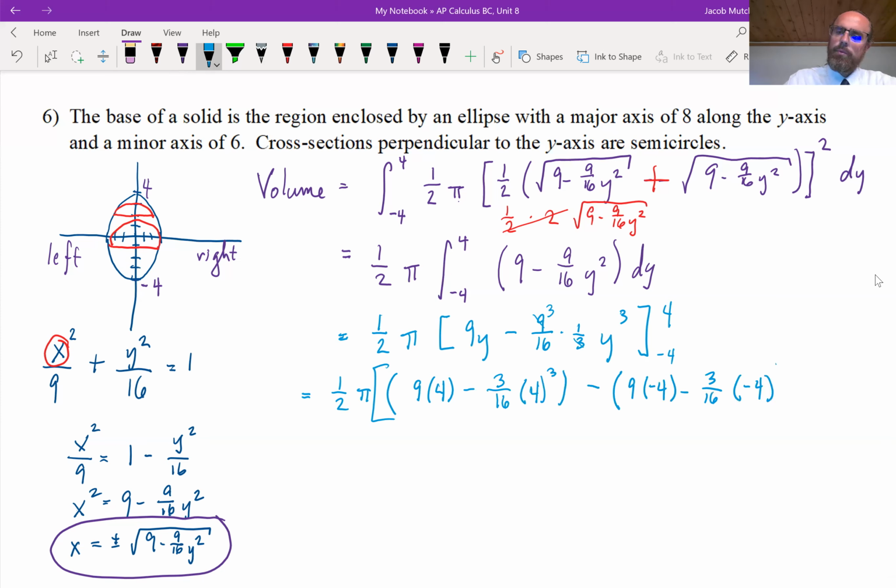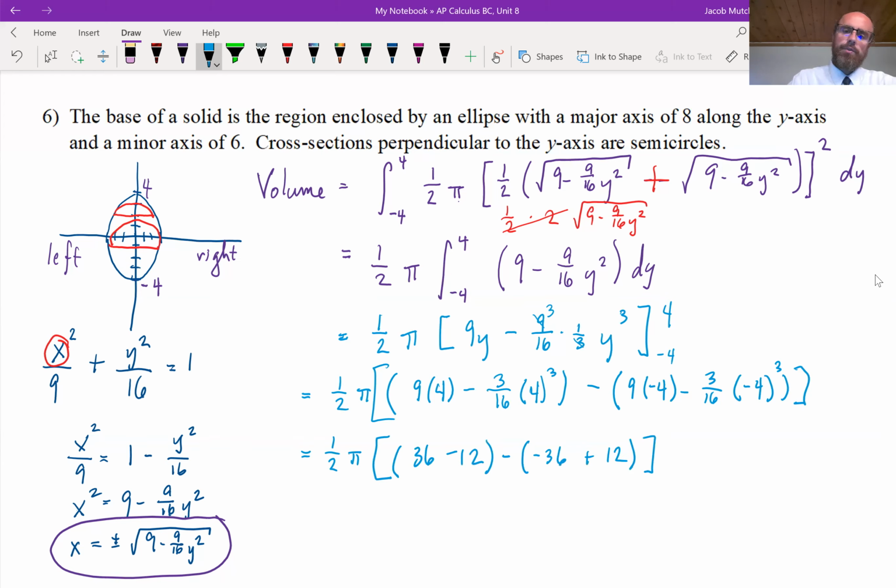So we're at that stage where we're just simplifying, simplifying, simplifying. So at this point, we've got 1/2 pi times 36. That's 9 times 4. And then for my 3/16 times 4 cubed, 2 of my 4's in the cube are going to be canceling with the 16. So what will be left is 4 to the first power times 3, which is 12. So 36 minus 12 minus -36 plus 12.